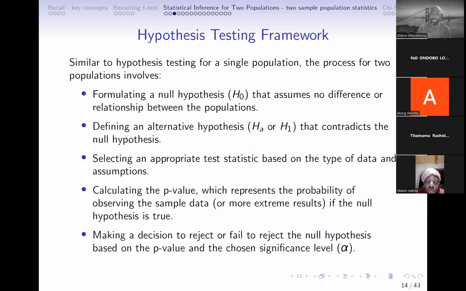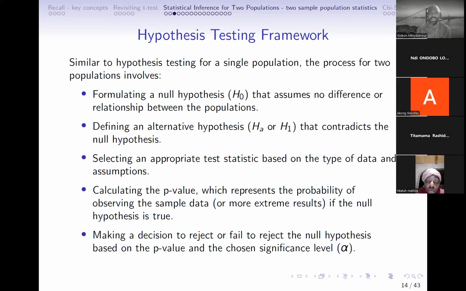As before, in the case of a single population, you calculate the p-value as a way to determine whether your evidence from the sample is good enough to reject or not reject the null hypothesis.